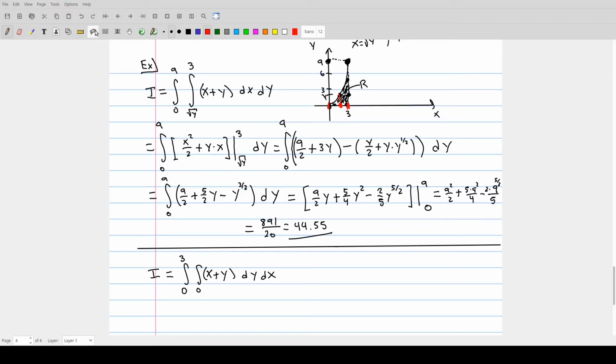So for any point x, the lower bound is going to be 0, and the upper bound is going to be governed by the points on the curve y equals x squared, which means that our upper bound is going to be x squared. What that's saying is that as x goes from 0 to 3, our lower bound is staying constant at 0 for y, but the upper bound is a function of x. It's the function x squared.